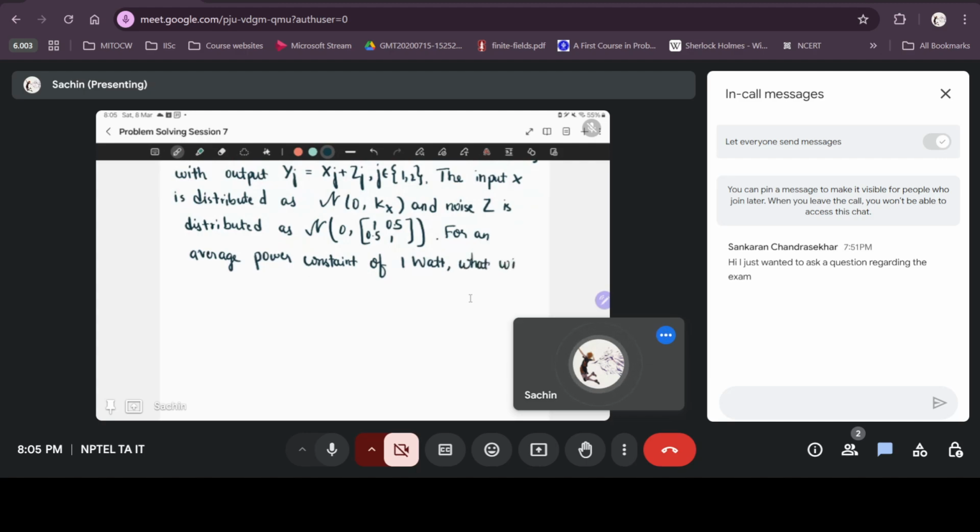What will be the optimal value of matrix A equal to Q transpose Kx Q, which achieves capacity?